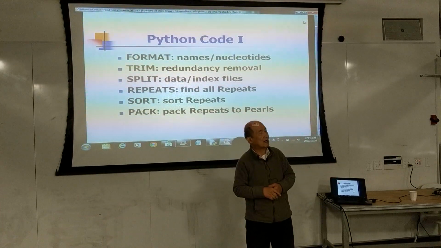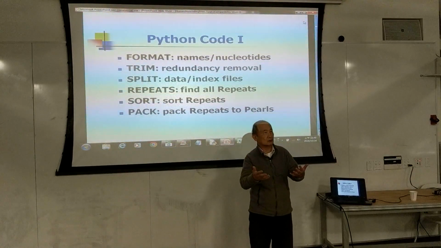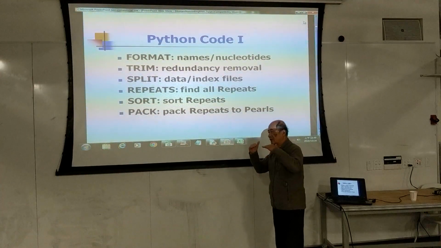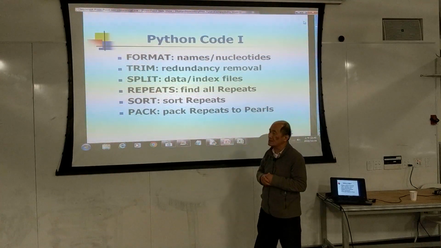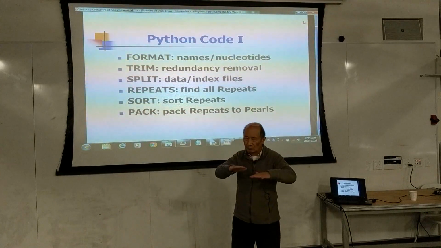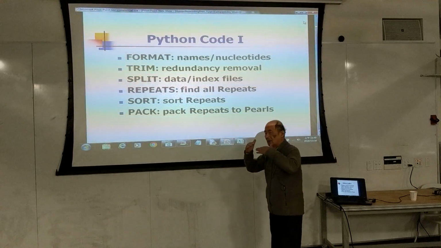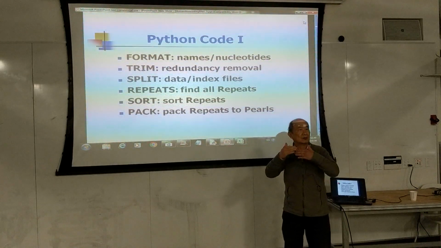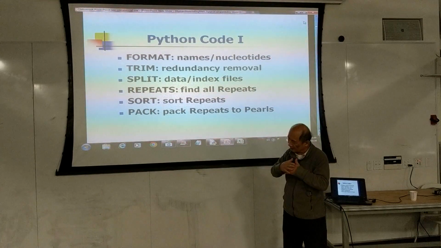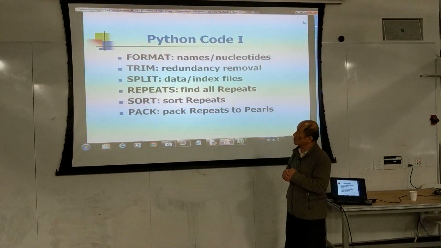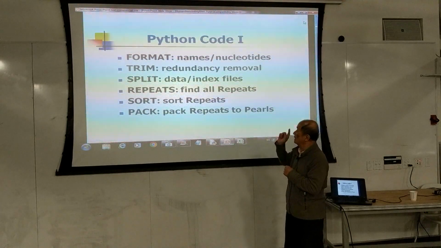So trim at the very easiest level is to remove all the duplicates. But there are redundancies which are not exactly duplicates. It's partial duplication, and that's the main problem I want to talk about this morning.